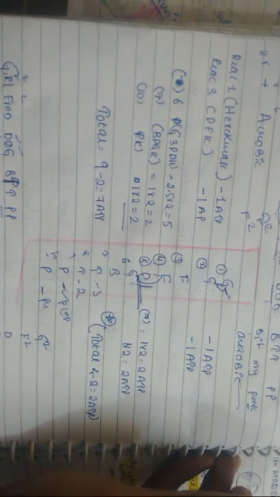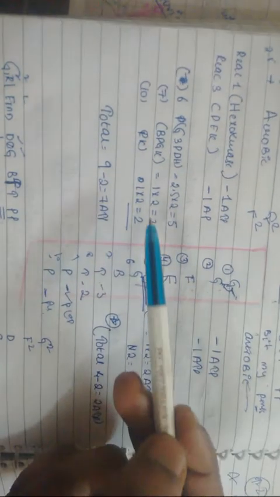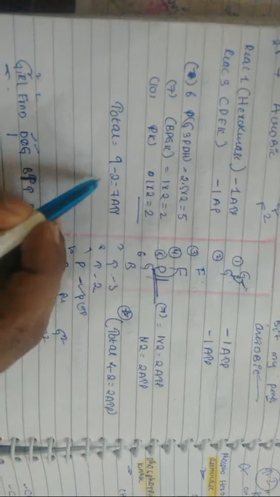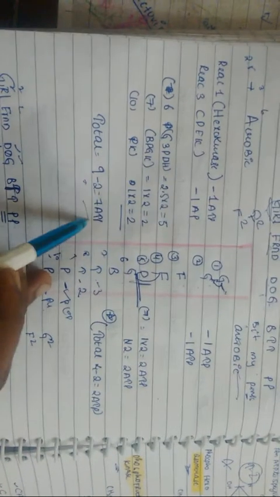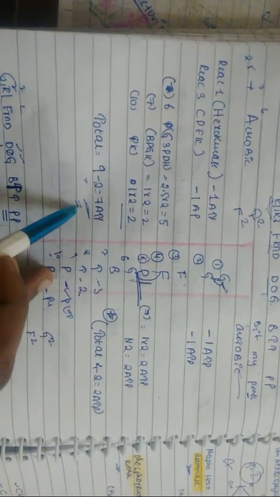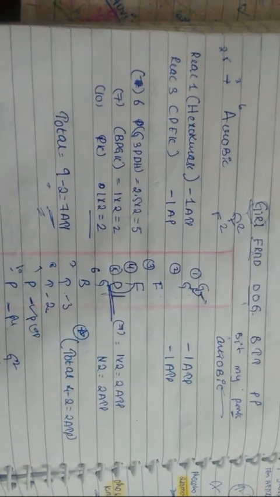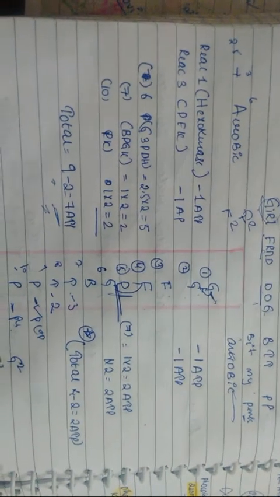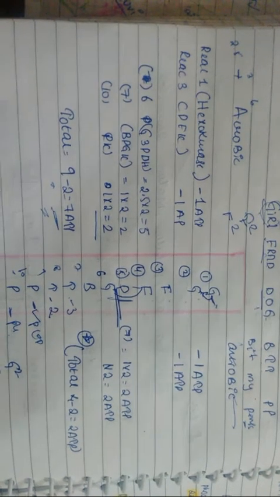So total I have told you 9, 2 are utilized, and you got 7 ATP. This is what happens in the aerobic cycle, because if oxygen is present, then it goes to the electron transport chain.